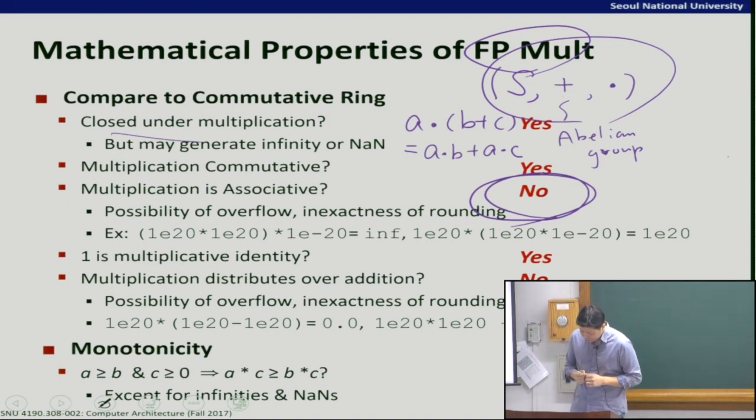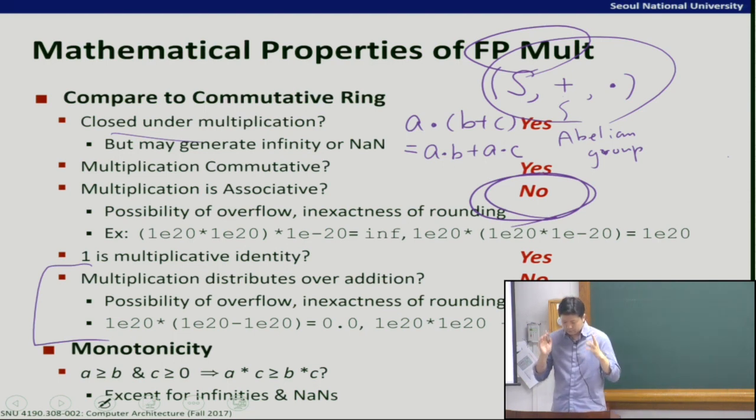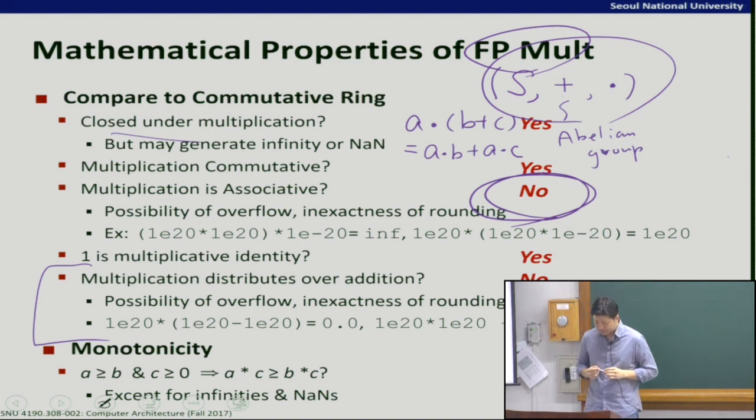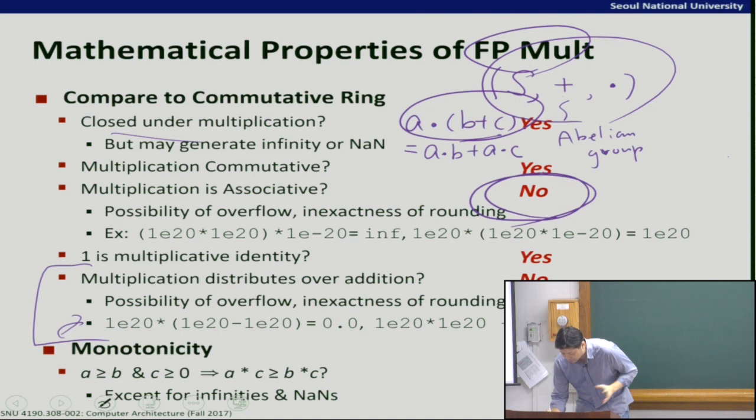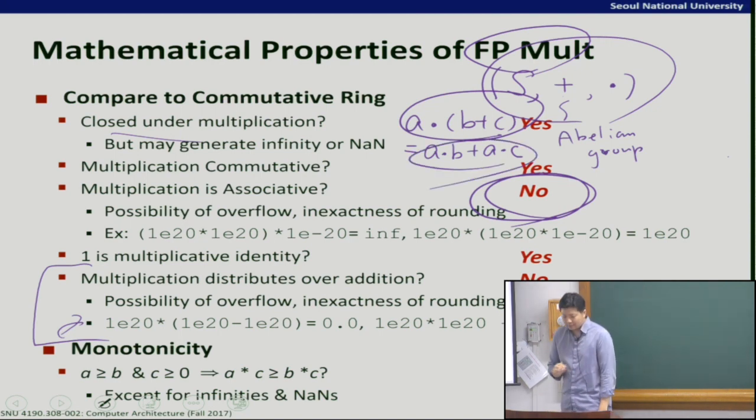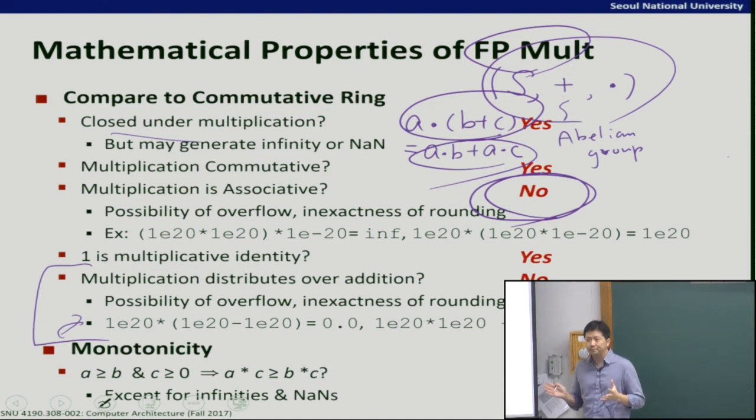One is the multiplicative identity, and the last one is kind of unique. This is the criterion for a commutative ring: whether multiplication distributes over addition or not. And the answer is no, because this example shows a result that differs from the other one. Again, this is because of overflow.